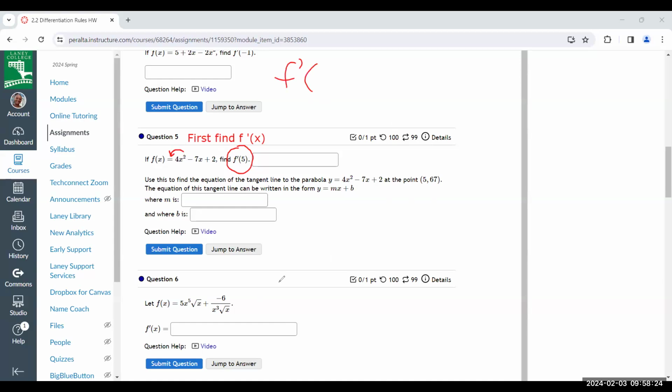So far we have f prime of x equals 2 times 4, x to the 2 minus 1, and then minus, next, if you just have 7x, that's the same thing as x to the first power. So it's like this 1 drops to the front. And I end up with 1 times 7x to the 1 minus 1.